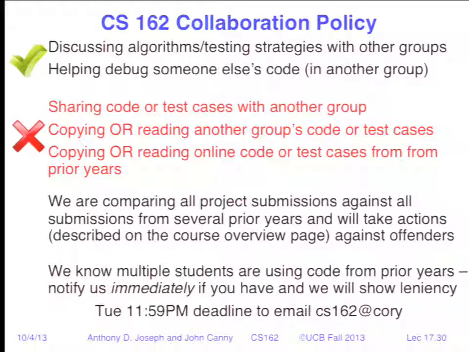If you don't, you risk losing all the credit for the project and potentially failing this class if we have to come to you and ask you that question. We know who is being honest in this class and working very hard. We know who isn't. So we're giving you the option to come to us, email us, and make an appointment to see us, and we will be lenient.